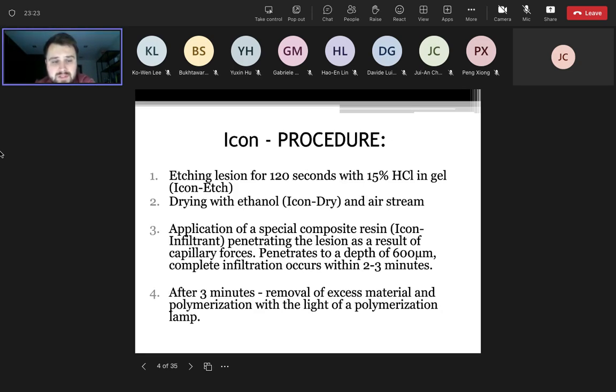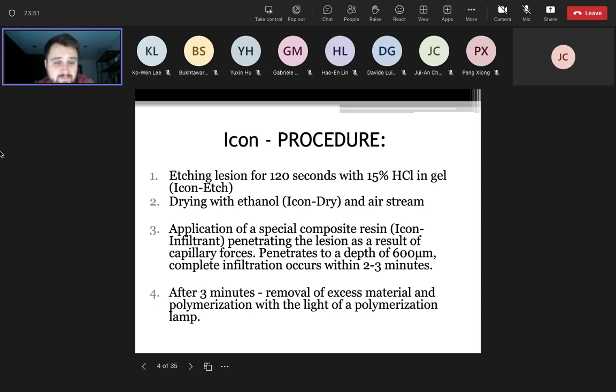So how does the Icon procedure look? It's really important to choose the right tooth. Then we have to remember to protect the soft tissue, so we put on a rubber dam or liquid rubber dam, because we are using a really strong acid.